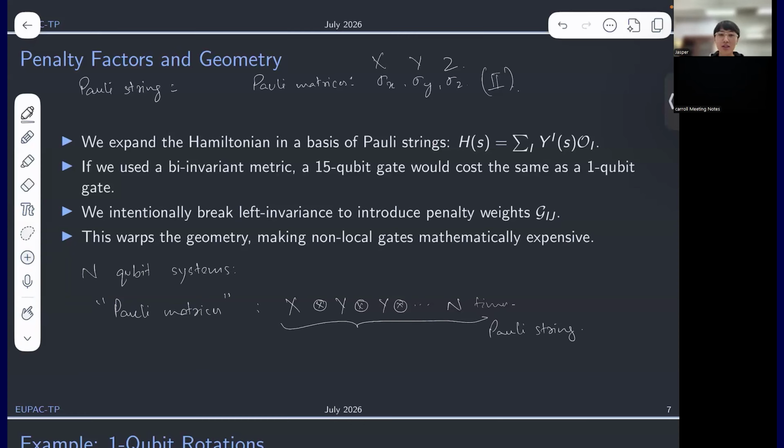Pauli strings span all our gates. Pauli strings can express all of the gates available in this SU(2^n) manifold.